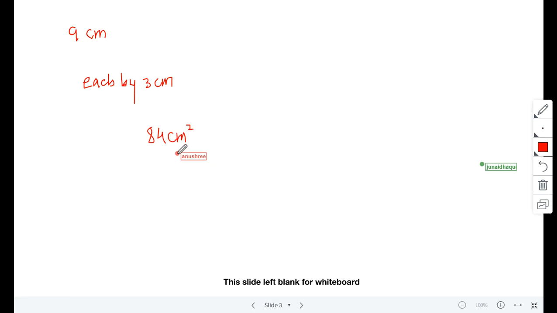I'm again repeating, it's a big question. Let me split this question. First, the length of a rectangle exceeds its breadth by 9 centimeters. I'm not really understanding the question.